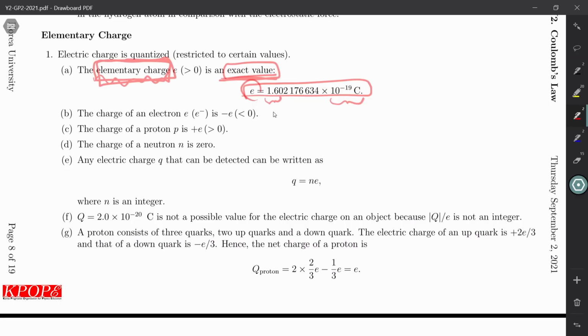However, the size of this charge, the elementary charge, is so small that we can make an approximation and treat it as a kind of real number. But physically, the ideal mathematical system is not the case.